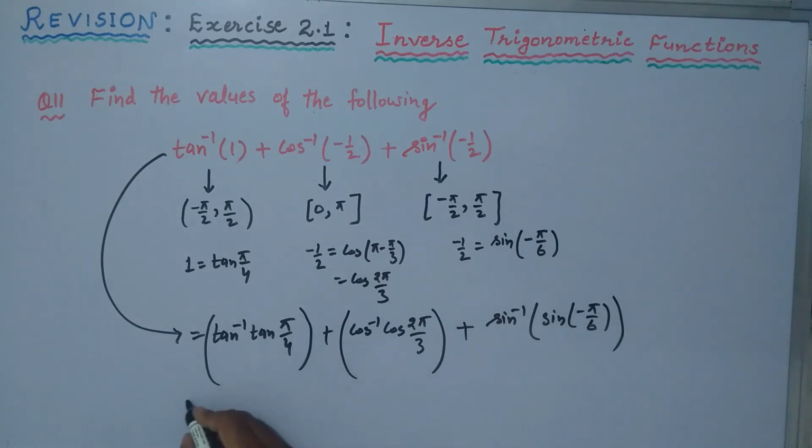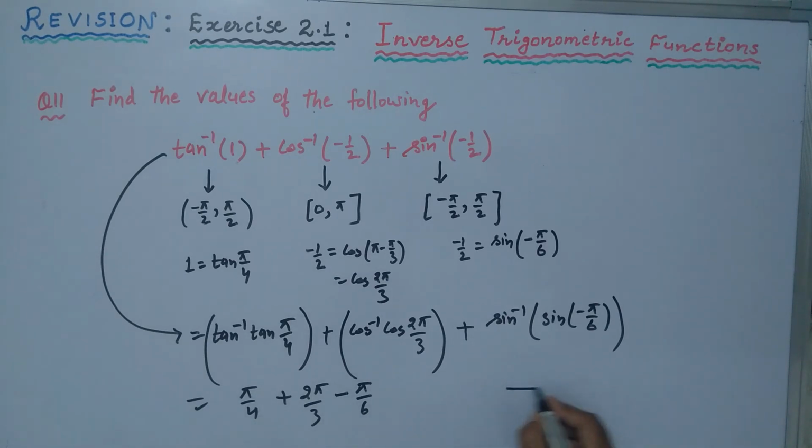So tangent inverse tangent cancels, and we are left with pi by 4. Here we are left with 2 pi upon 3, and here we are left with minus pi upon 6.